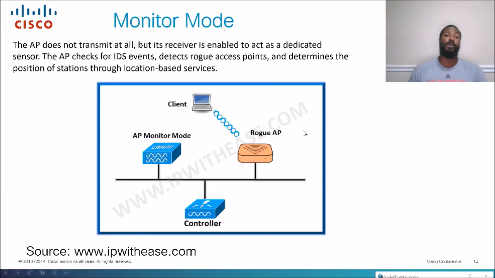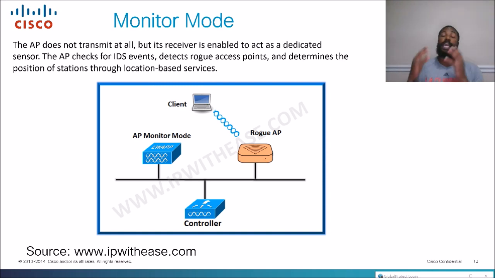There's also monitor mode, where the AP does not transmit at all. It basically acts like a monitor. As you can see right here, it just looks for rogue access points, or basically hackers, because a hacker could plug in an AP somewhere and act like it's a guest network, whereas some unsuspecting victim can get onto that access point and give up their credit card and passwords.